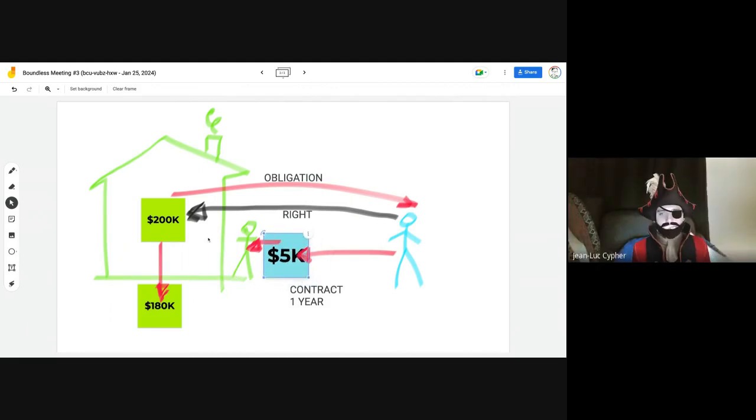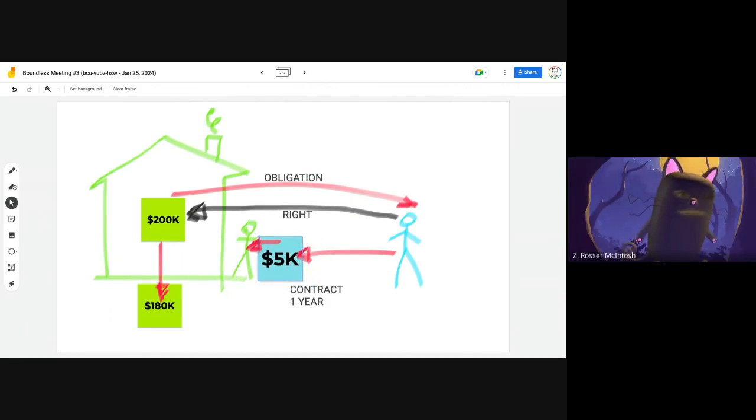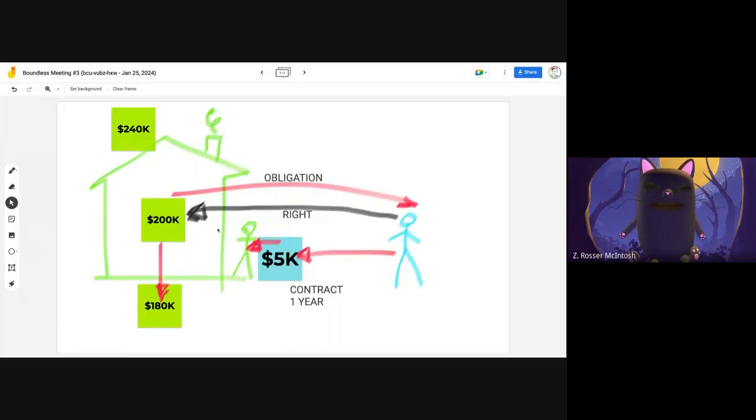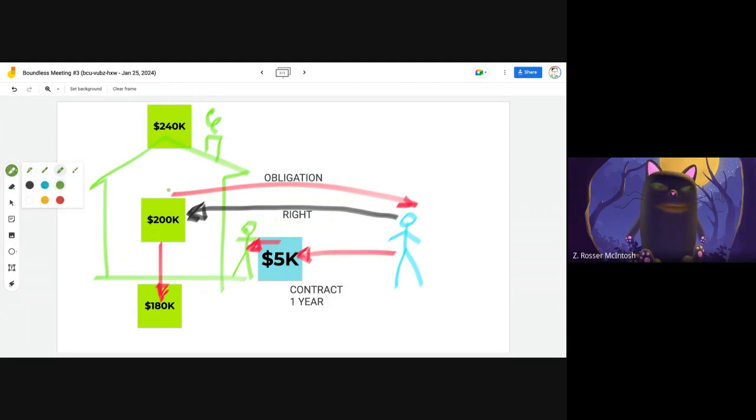Okay. On the other hand, if let's say the housing market just continues to go absolutely insane, and let's say it's now worth $240,000, housing's gone way up. Well, now, if the house is worth $240, and I still own this contract, I have the right to buy this house.